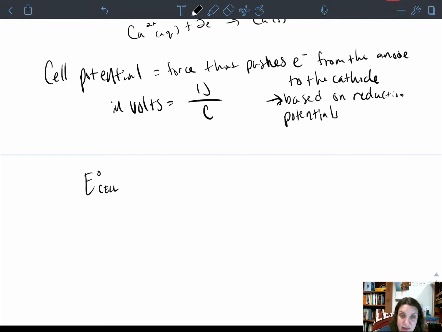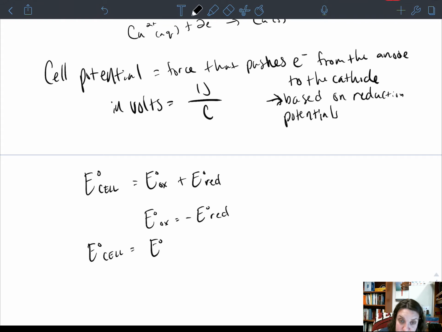We solve for our cell potential as E naught cell, so it's the standard, right, is equal to our oxidation half plus our reduction half, where our oxidation is the negative of its reduction. Okay, or we can look at it as the E cell is equal to the reduction potential of the cathode minus the reduction potential of the anode.